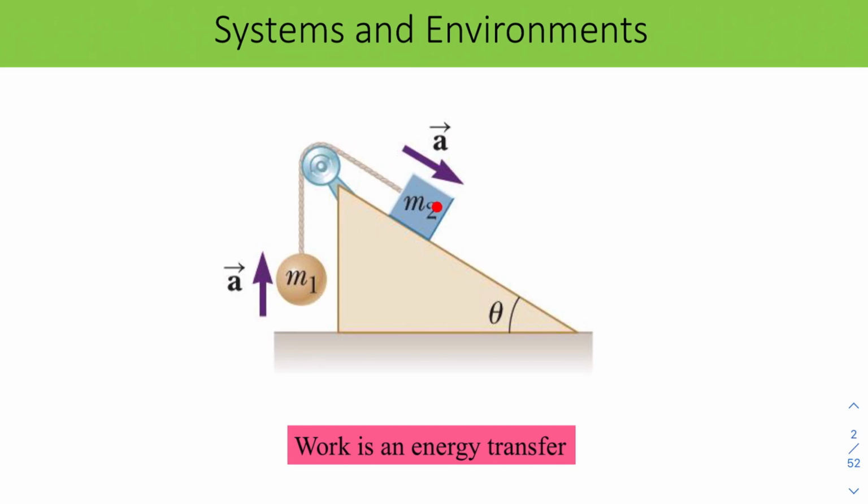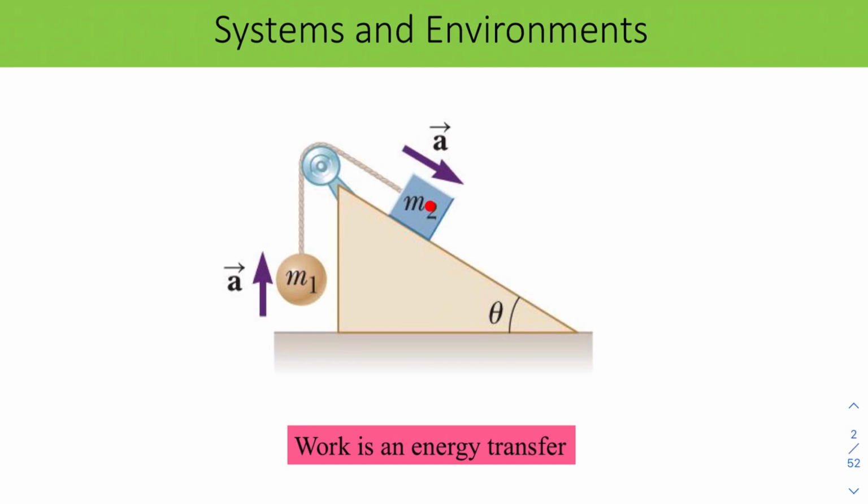From this diagram we know that M2 is the one doing the work, because M2 is the one causing M1 to move up, right? So in this system, the work done by M2 is transferred into M1 in terms of change in position of M1.